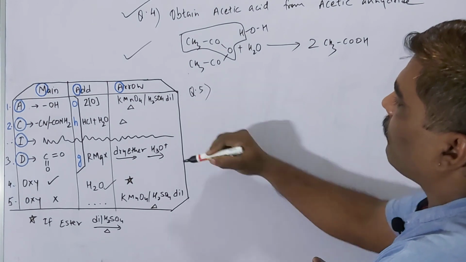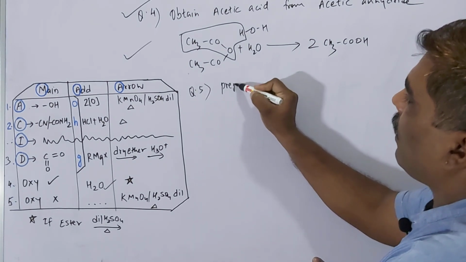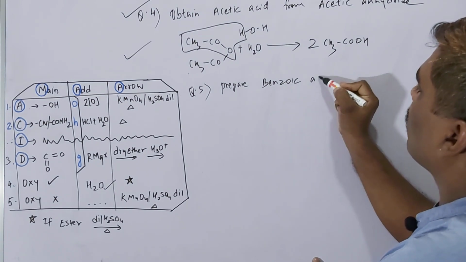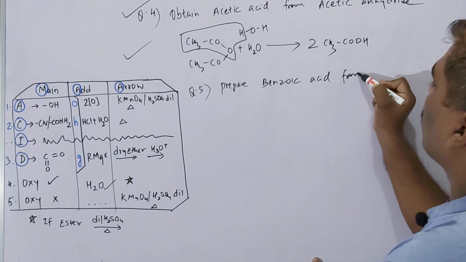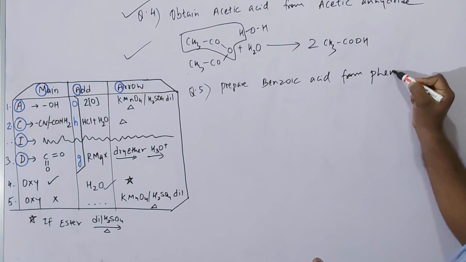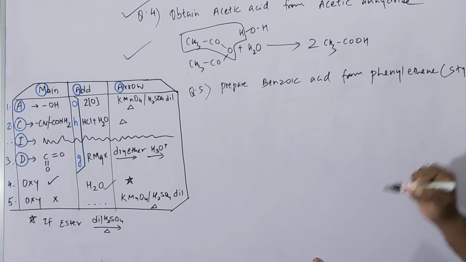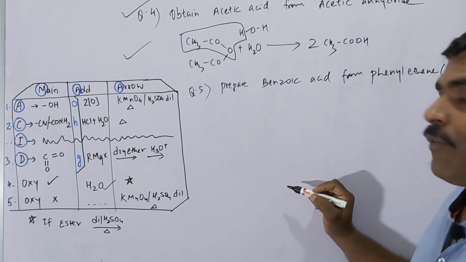Number 5. If we want to prepare benzoic acid from phenylethene, that is styrene. Okay, for this question now what will we do?